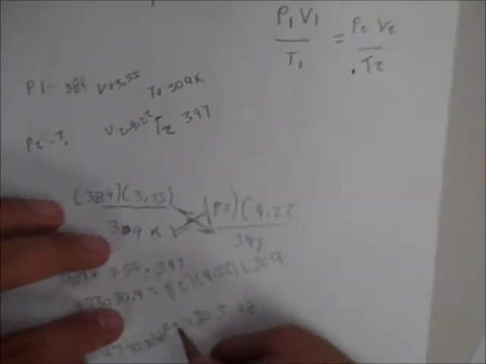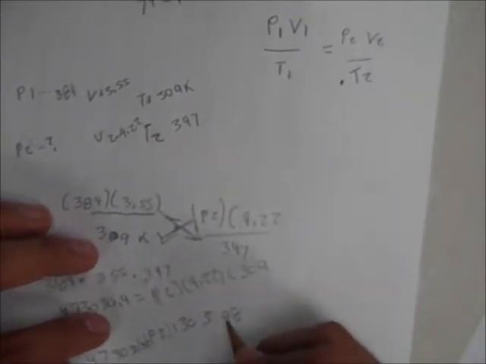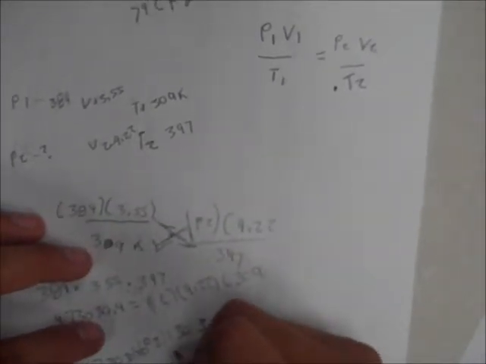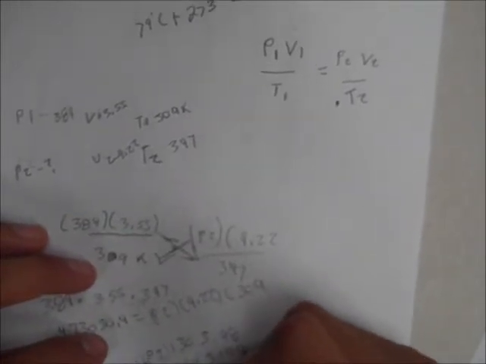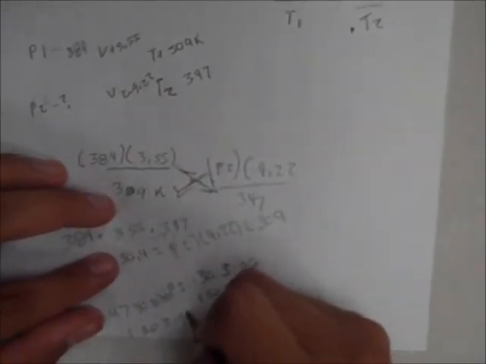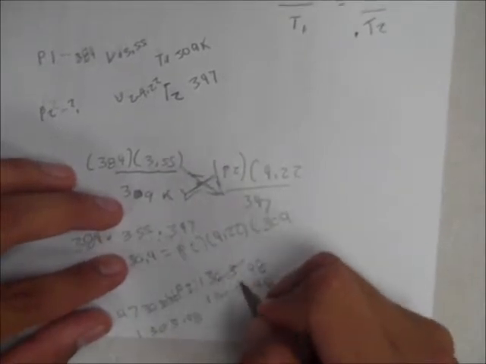In order to find out what P2 is, we have to divide both sides by 1,303.98. You cross that out, they cancel out.